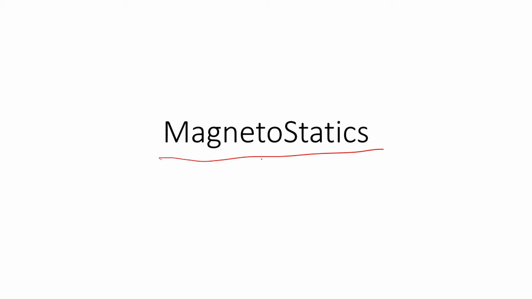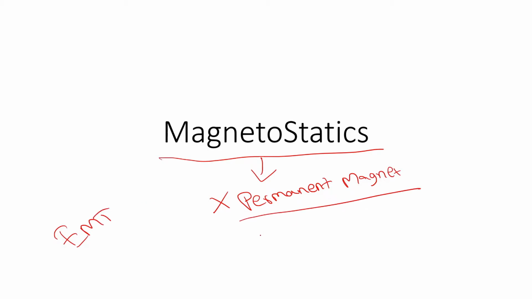Please understand that in magnetostatics, we will not analyze the effect of permanent magnets. In fact, in the entire EMT, we would never discuss the effect of permanent magnets. We would only discuss what happens if a current is passing through a conductor and what is the nature of magnetic field produced by it.